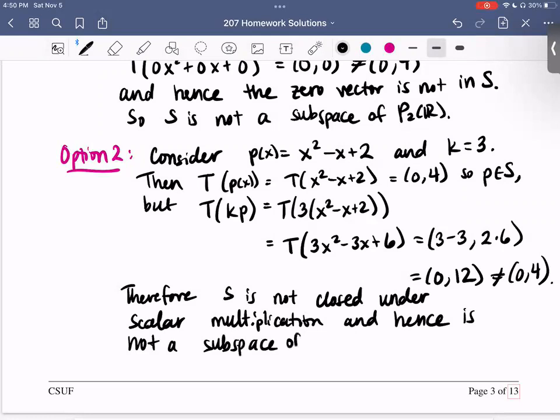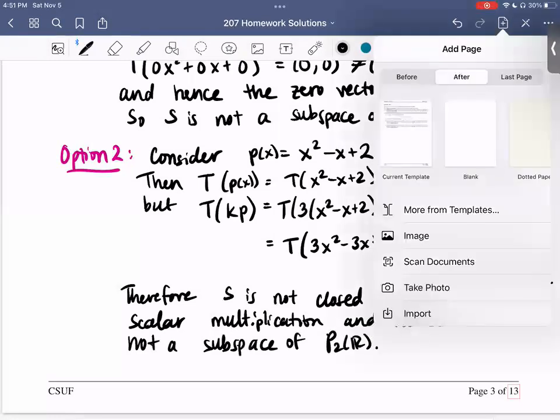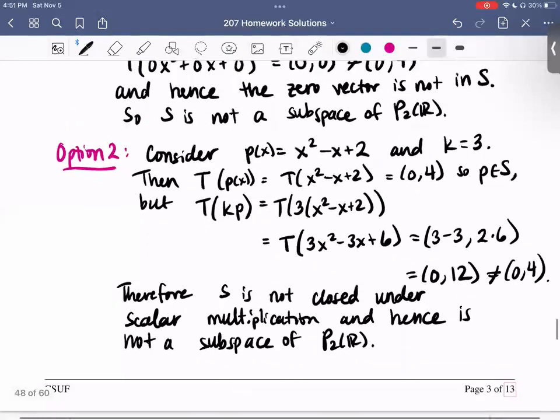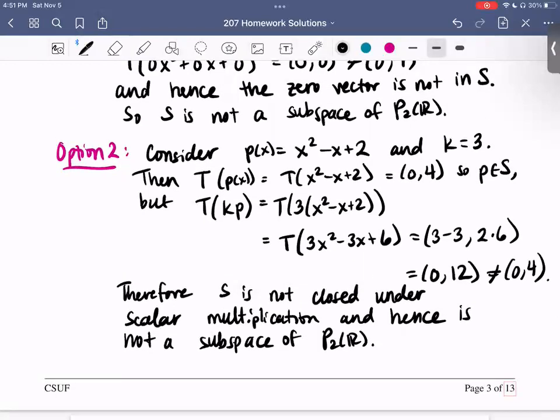So that was a second option. Either one of these is fine and you would have gotten full credit. Now, I'll leave this on the screen for a second if you want to pause it and check, go through it on your own.